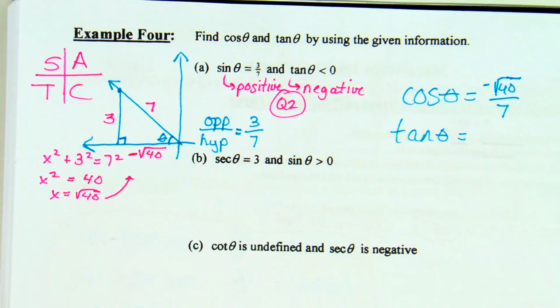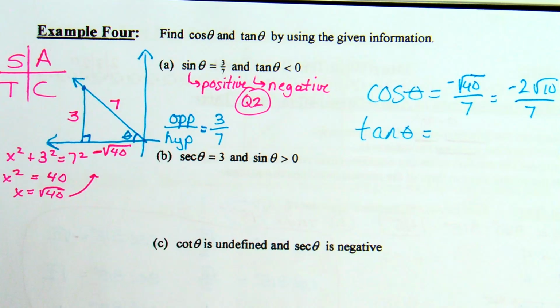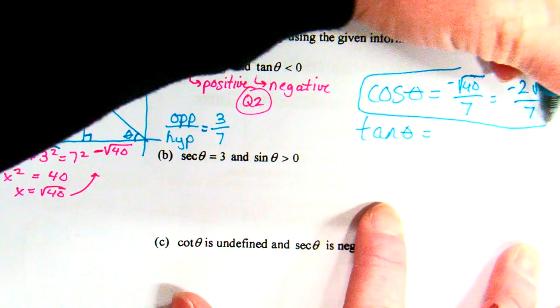How can we simplify the square root of 40? 4 times 10. So the square root of 4 is 2. So this is negative 2 square root of 10 all over 7. And if it doesn't simplify, it was just good practice there.